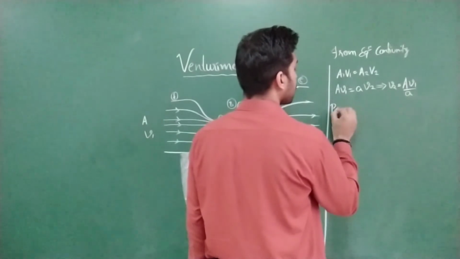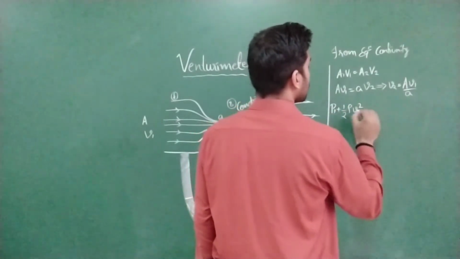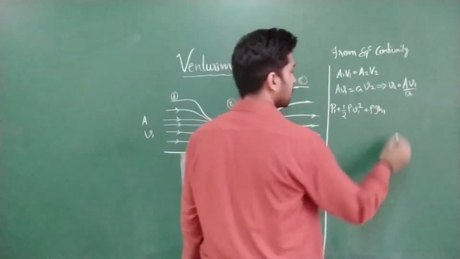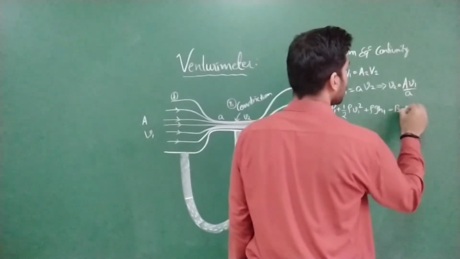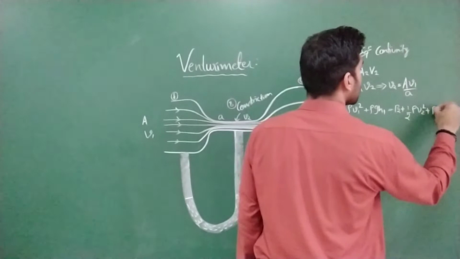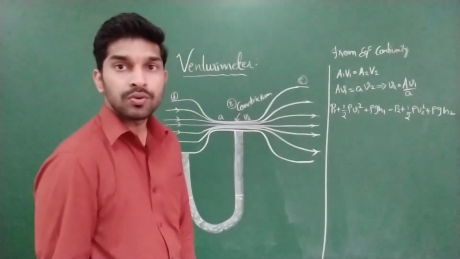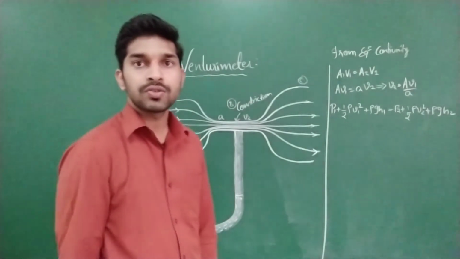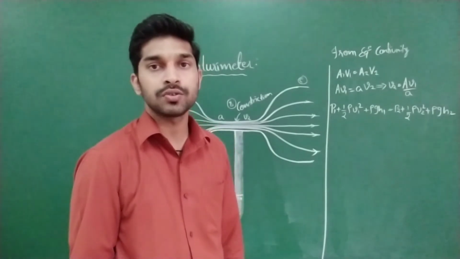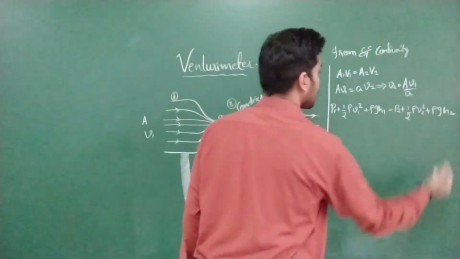P1 plus half rho V1 square plus rho GH1 is equal to P2 plus half rho V2 square plus rho GH2. Clear? Now concentrate on H1 and H2.